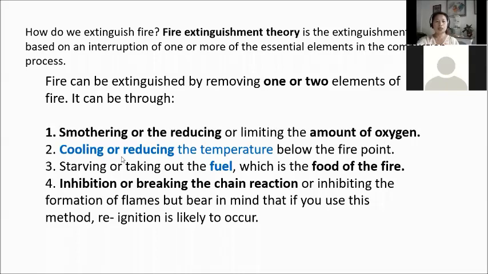Second, cooling or reducing the temperature below the fire point. Third, starving or taking out the fuel, because fuel is the food of the fire. And then fourth, inhibition or breaking the chain rule or inhibiting the formation of flames, but bear in mind that if you use this, reignition is likely to occur.